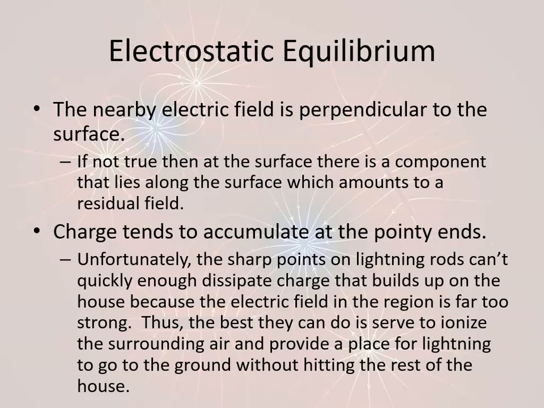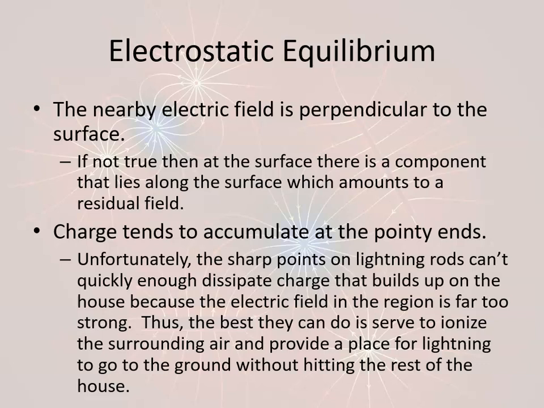The problem is, this happens way too slowly in the case of a thunderstorm. Now, you simply have the pointy ends to help attract the lightning a little bit and redirect it into the ground wire as opposed to throughout the house. In fact, in a lot of places, for example in Europe, and I believe I've seen it in China, the lightning rods will be bell-shaped at the end, so that you can also produce a large electric field that way to help attract the lightning to that spot.